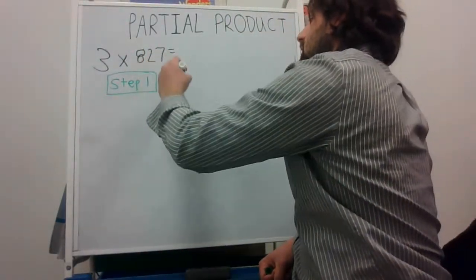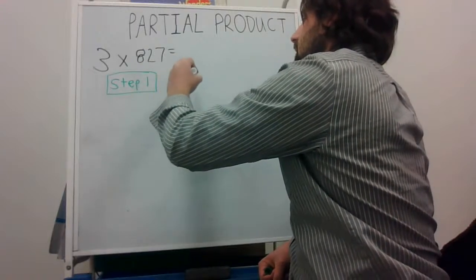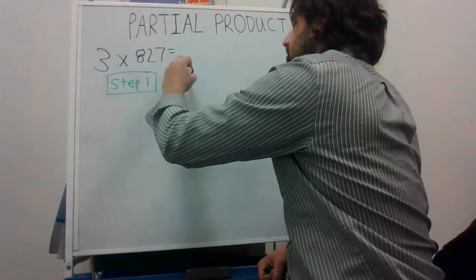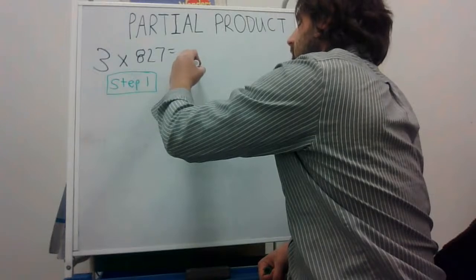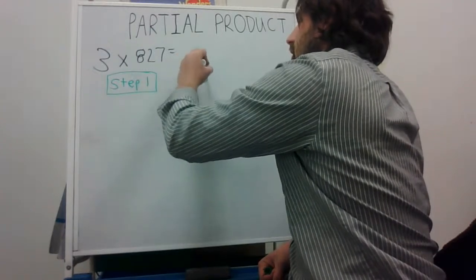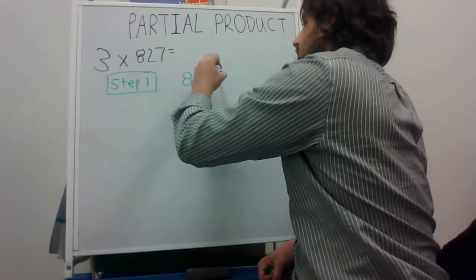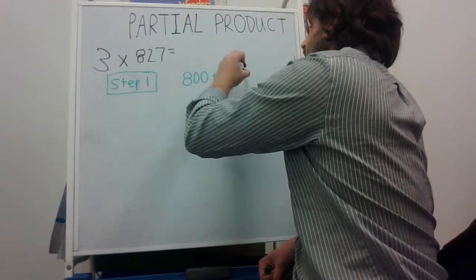So there's 800s. So 800s is a value of 800. 2 tens, that's a value of 20. 7 ones, that is a value of 7.